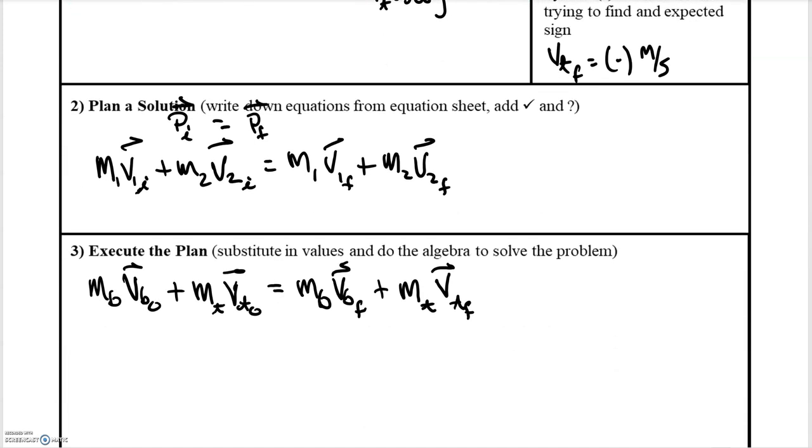Since we can't cancel anything out, let's go ahead and rearrange this. We're looking for the final velocity of the target, so we want to solve for v_t sub f.